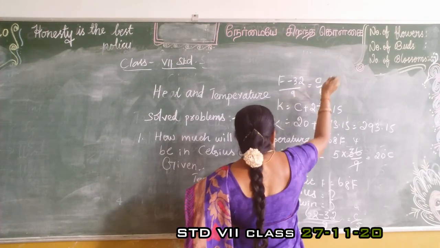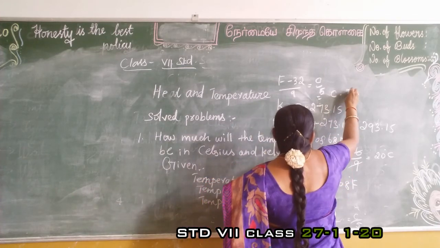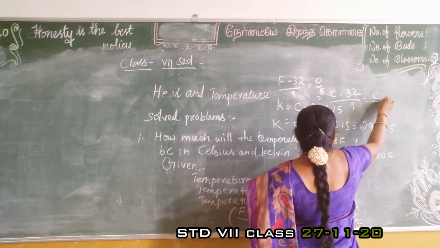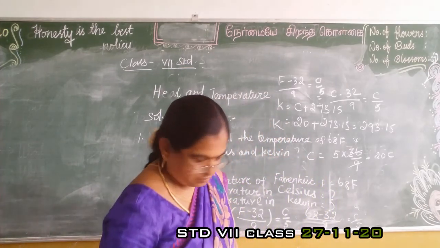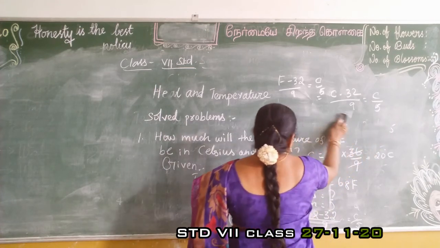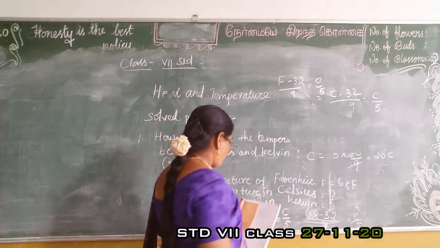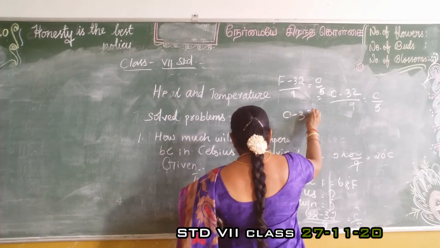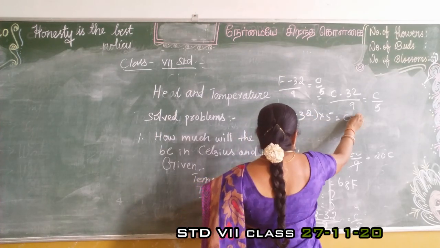Another step: (C minus 32) divided by 9 is equal to C by 5. So (C minus 32) into 5 is equal to C into 9.